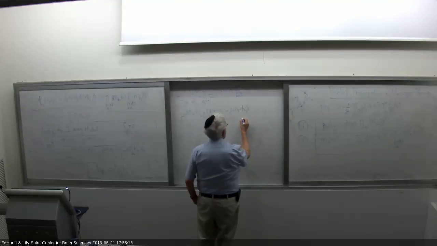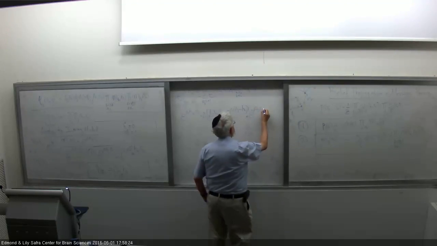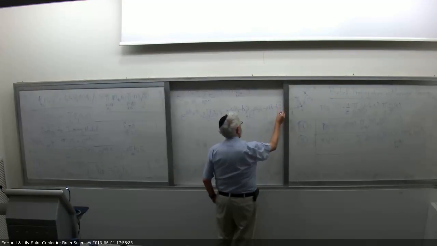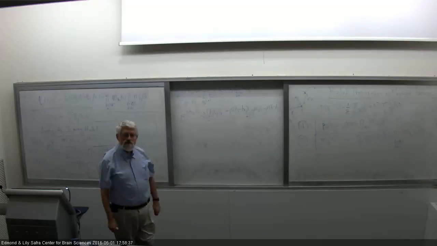And then there will be another term here, plus e to the minus beta J_ij s_i minus h_i minus h_ij. And these two terms multiply the normalization.